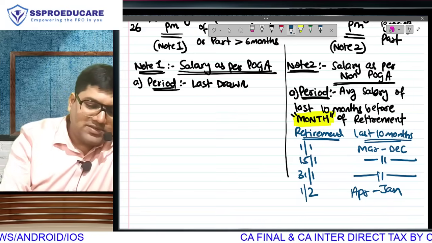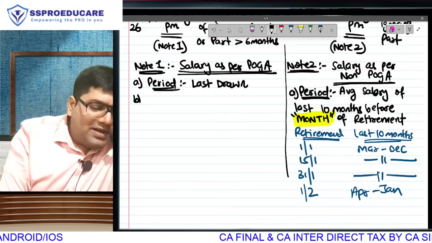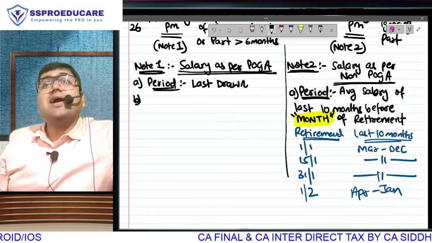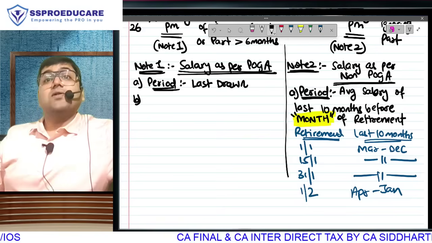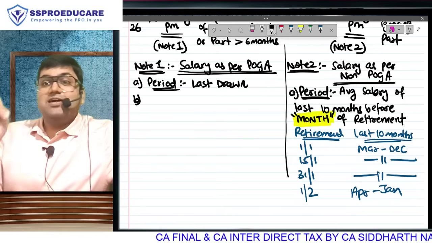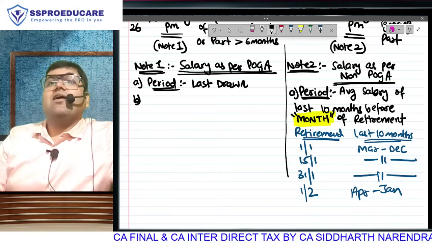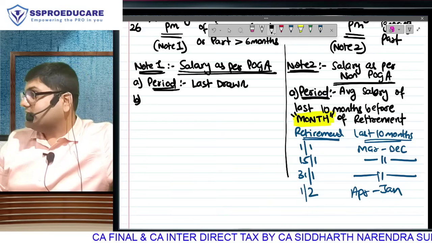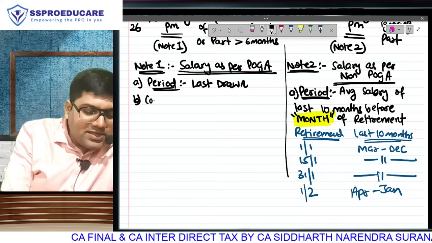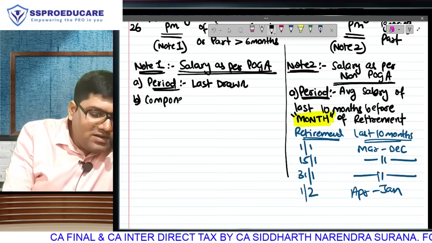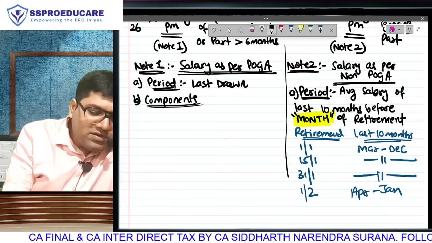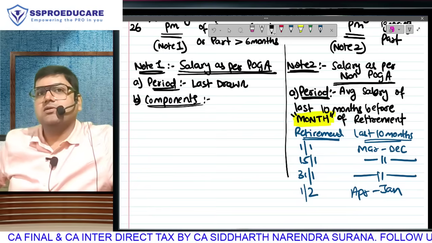Second and last thing about salary is that the last drawn monthly salary must also be having basic, dearness allowance, tiffin allowance, leave travel allowance, house rent allowance. There are many things. So what are the things that we will take for the purpose of this exemption calculation?